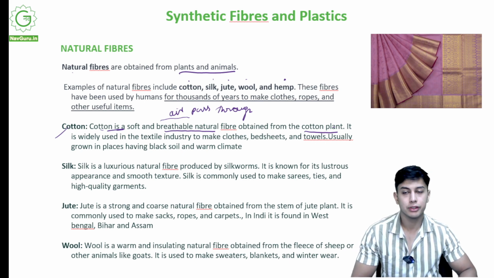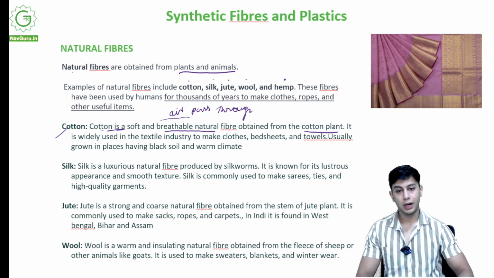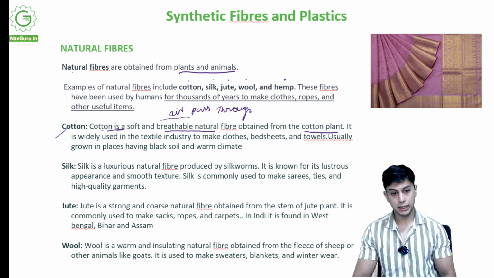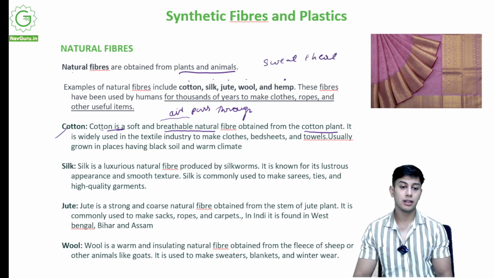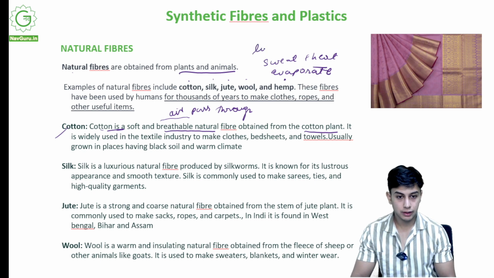So let me give you an example. In summers, we wear clothes made of cotton. Why? Because all the sweat and heat should evaporate through cotton clothes. We wear cotton because it is lightweight.